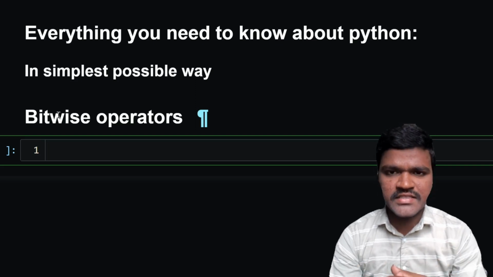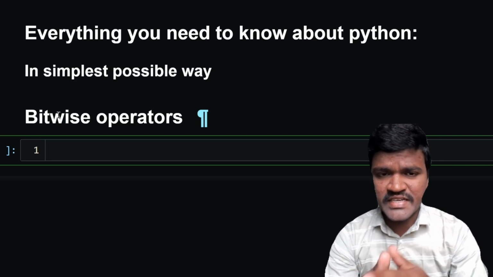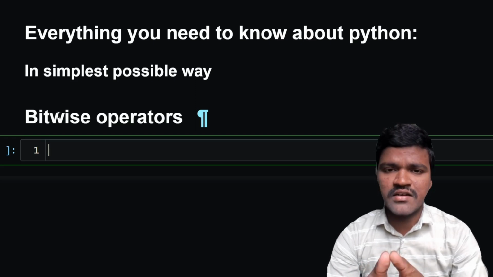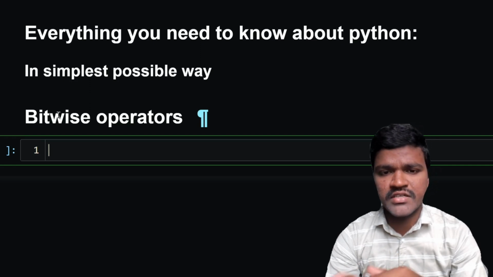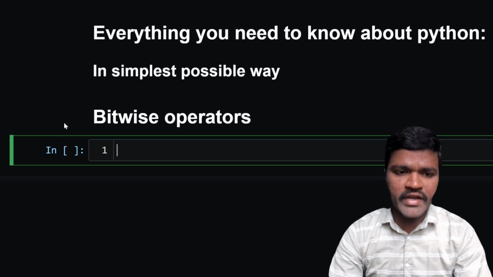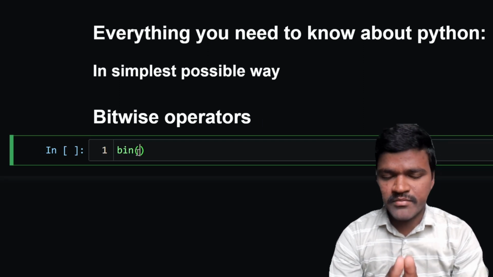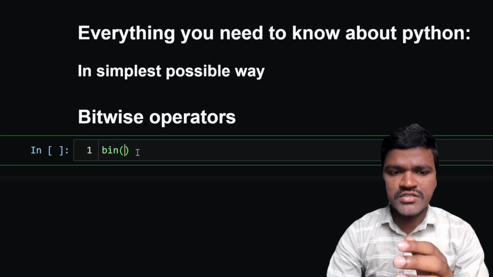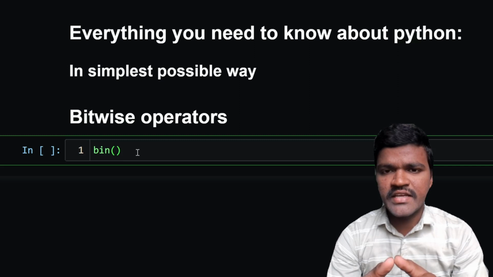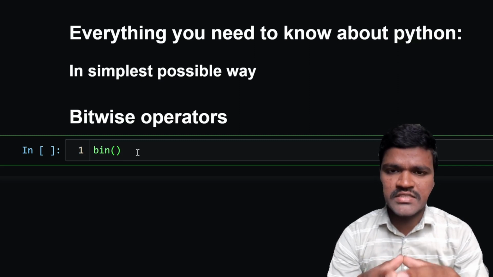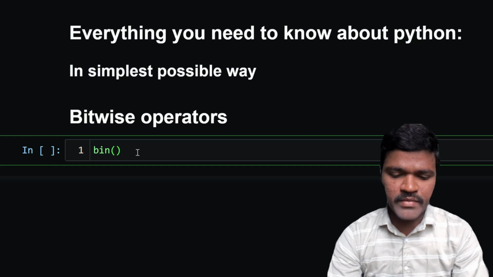To understand this, we will first try to understand how numerical values are converted to binary digits and how these binary digits can be converted back into integer values. So going ahead, I am considering the bin method, because to convert any integer value to binary, we use bin.